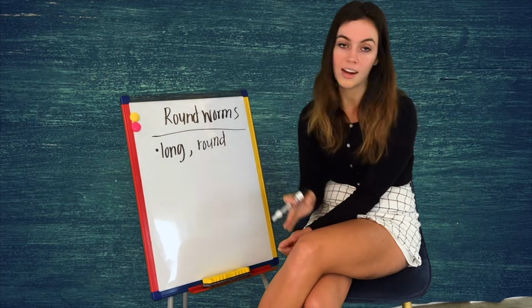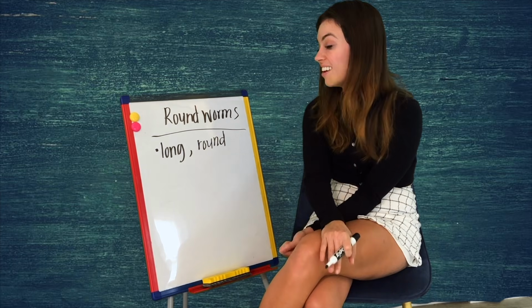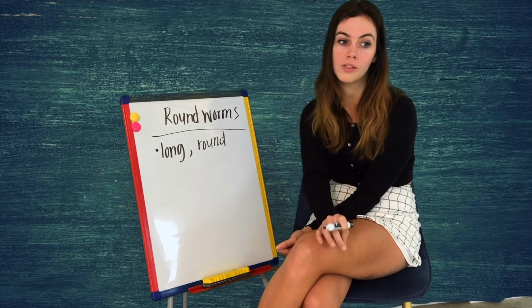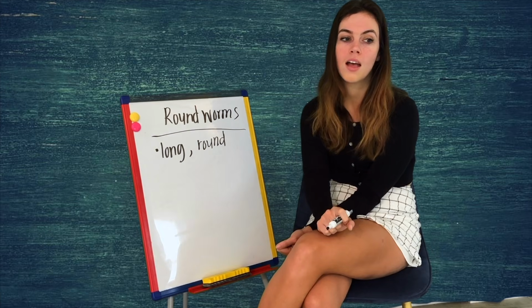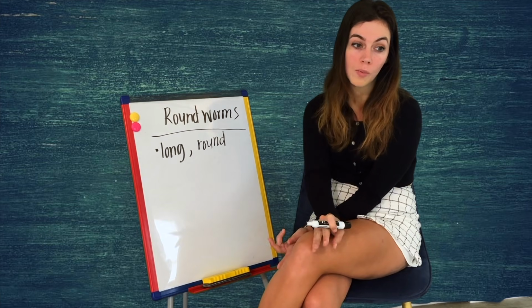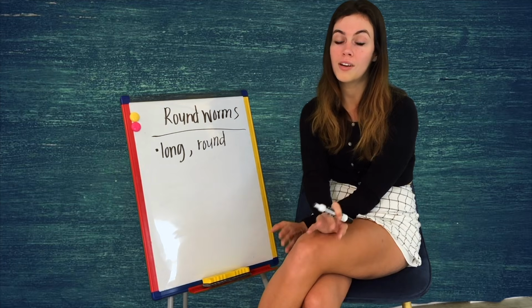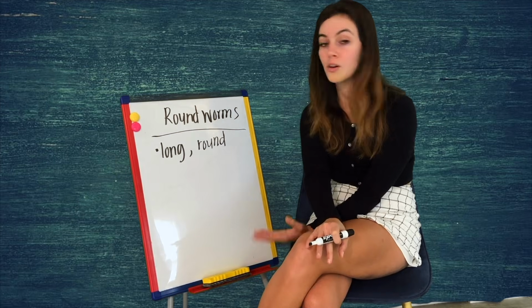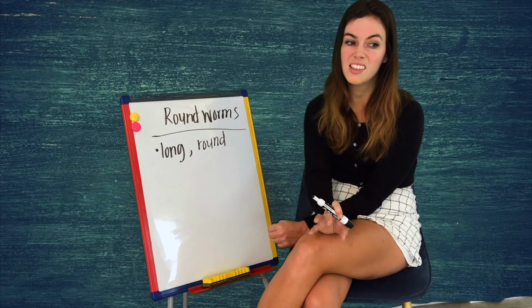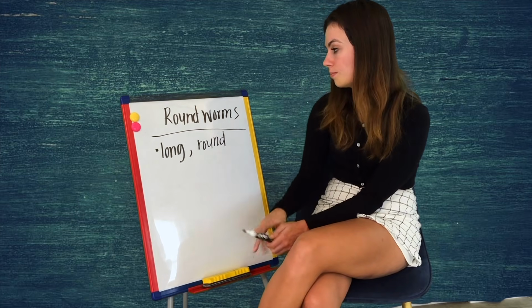So they have bilateral symmetry. There's about 80,000 species. Most are not parasites though. Many live in soil or water. And there's about 150 species that are parasites and live in humans, so like hookworms. They have teeth to attach to tissue.